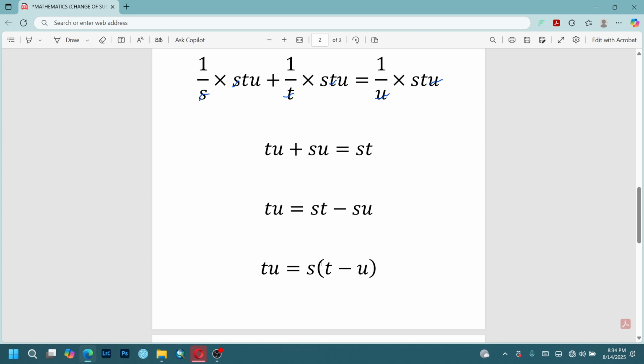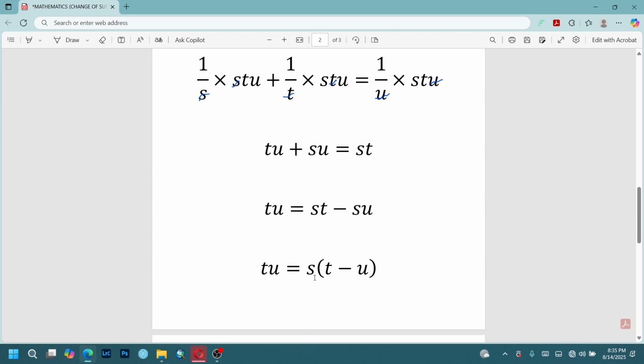So we bring s out and we multiply it with t minus u, all in brackets. So this s multiplying t will give you ST as shown here. This s multiplying negative u will give you minus SU here. So we've been able to let s stand out on its own.